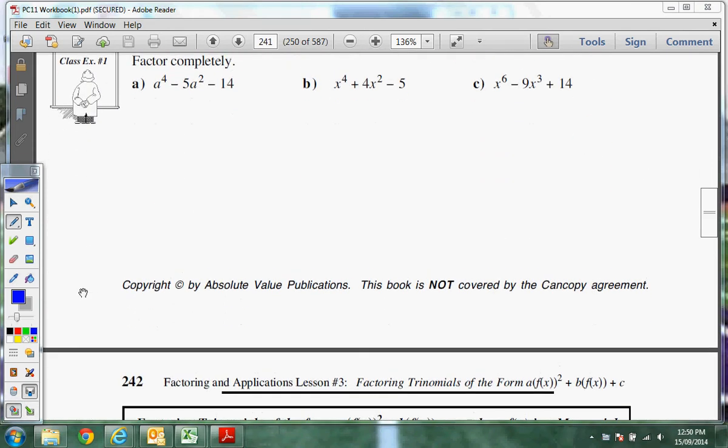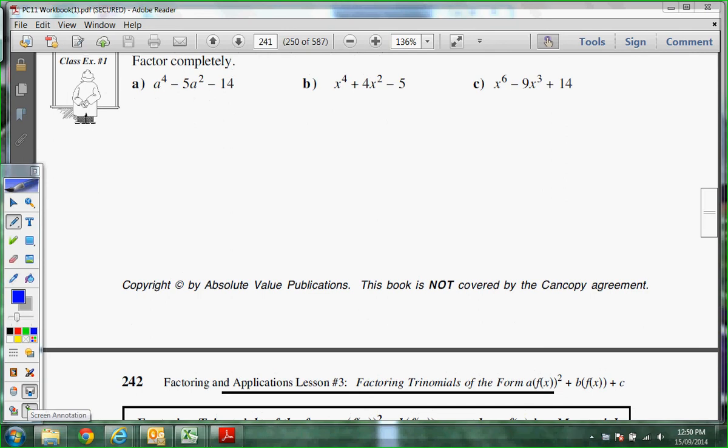So factor completely. For this one, again, you don't have to do the parentheses way. That's fine. If you recognize I have a 4, 2, 0, I can factor this.